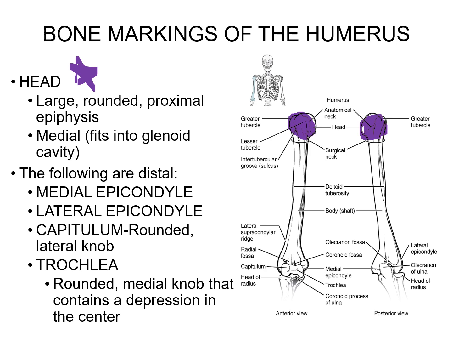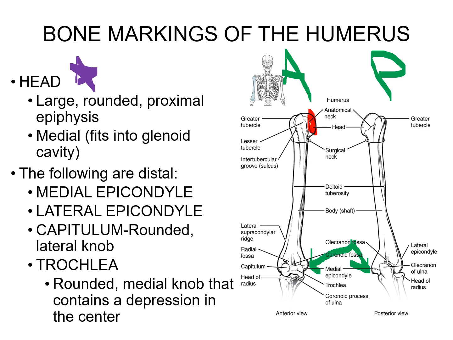So the medial epicondyle is going to be these two bumps right here. So what you're looking at is an anterior view of the humerus, and this is a posterior view of the humerus. And how I knew that was medial was, one, the medial epicondyle is very prominent compared to the lateral epicondyle, but also if you look at the head, it always goes towards the medial aspect of the mid-sagittal line of the body, always.